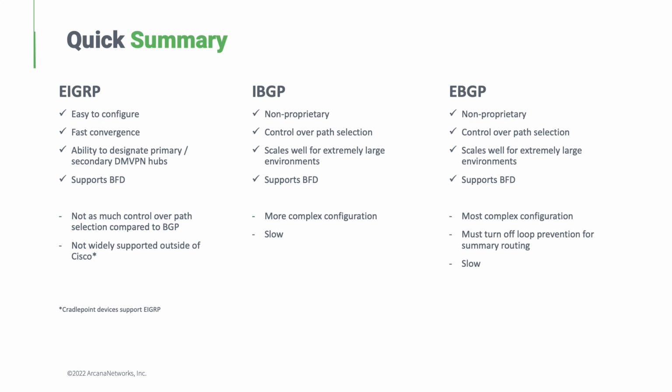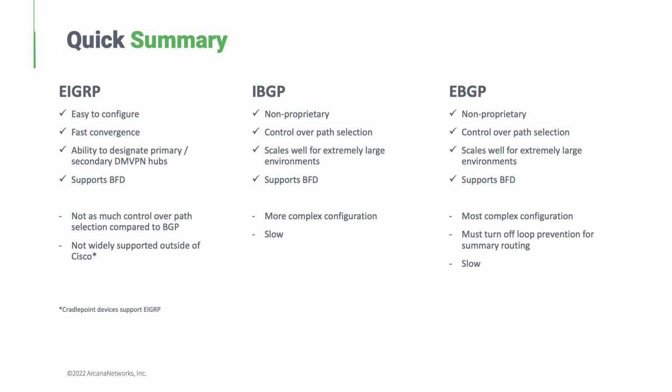Now, if we compare that to IBGP or EBGP, those will give us a bit more control over our path selection. They also scale a lot better than EIGRP does when it comes to extremely large environments, and they also support BFD. It is a little bit more complex and it is slower than EIGRP, however.